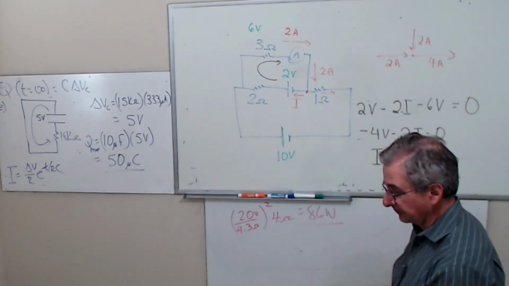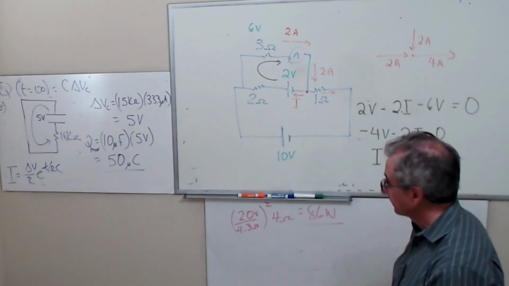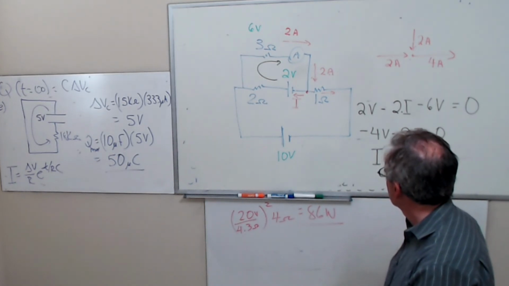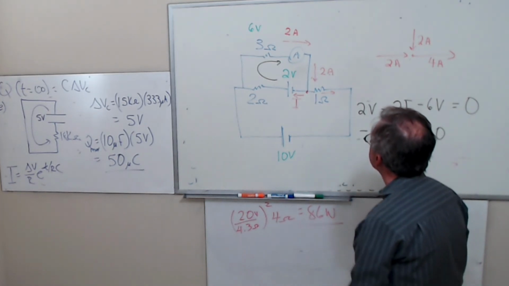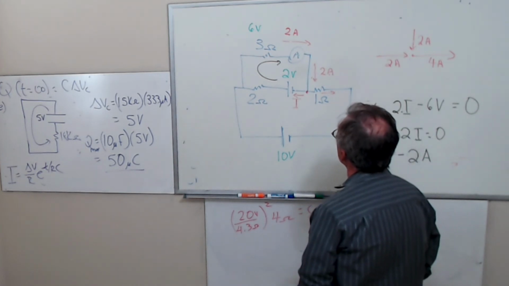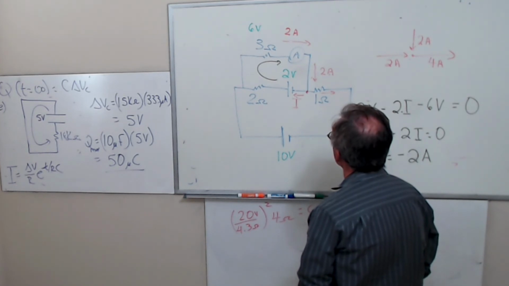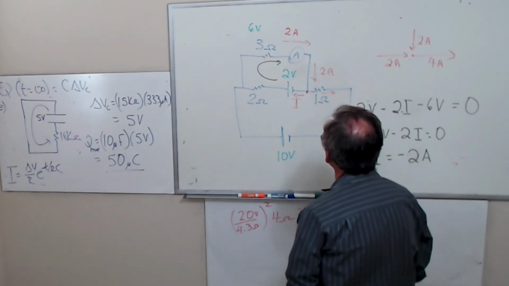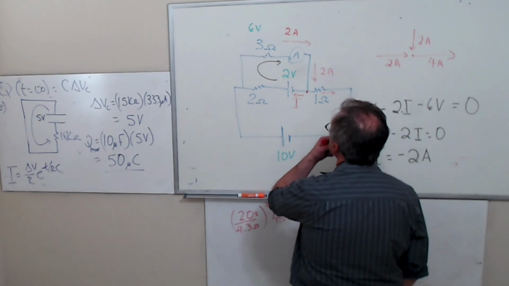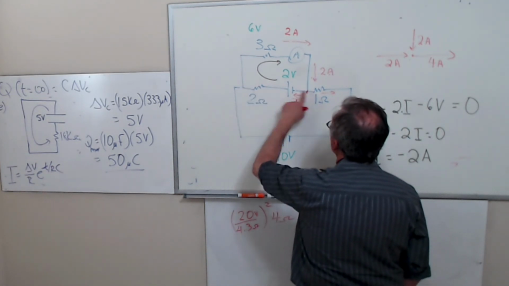I think this is the one I originally used. I couldn't remember, but since the top branch had 6 volts, and they're in parallel with the bottom one, I said the bottom one had 6 volts. Wait, where's the 6 volts? There's 6 volts across here, you mean?